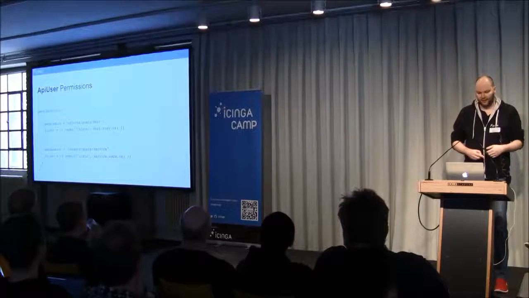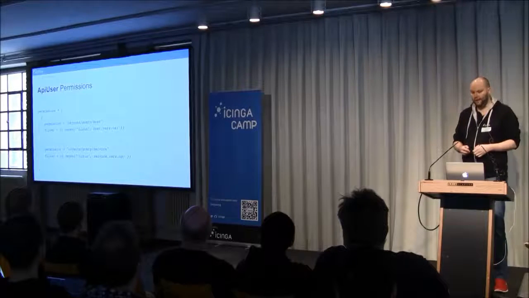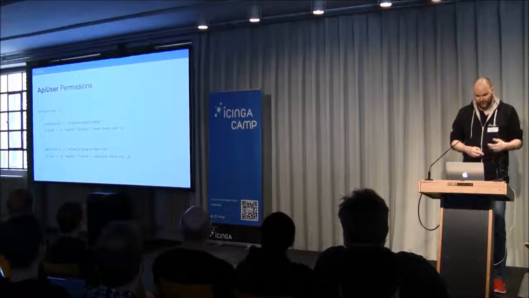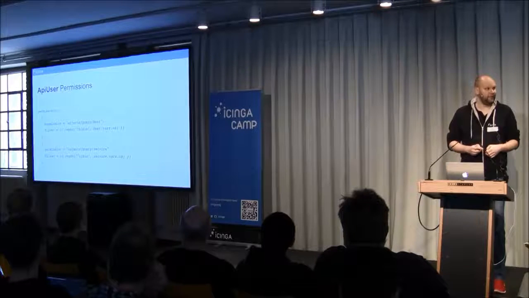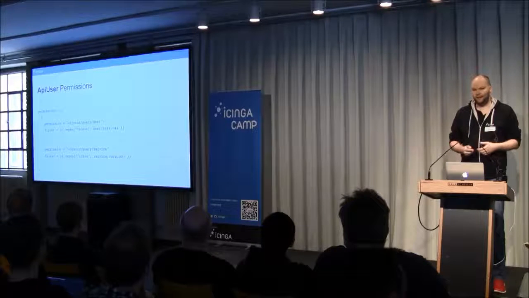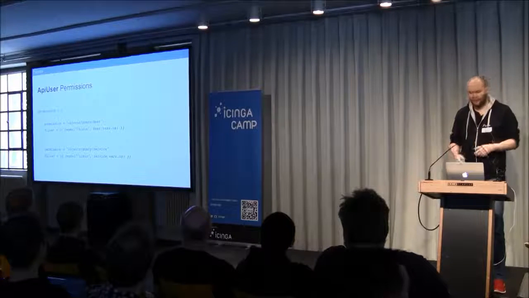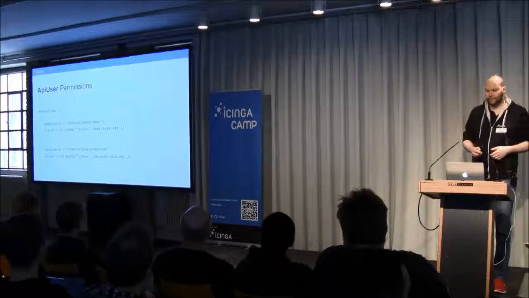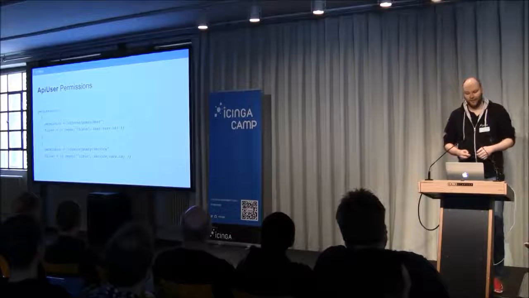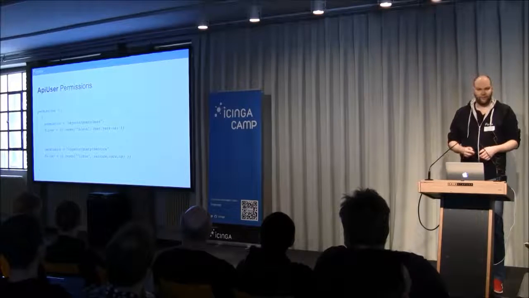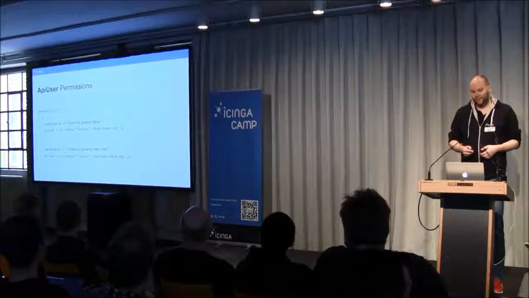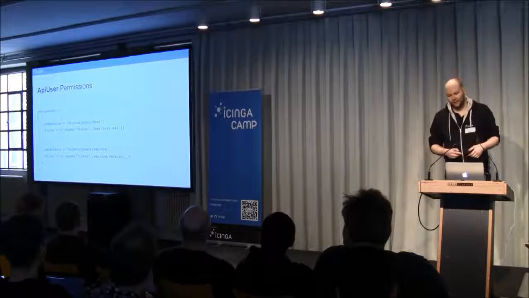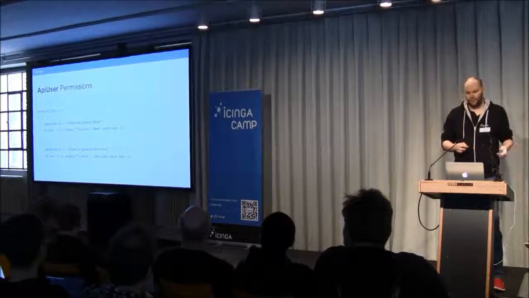For example, you can say, I only want the current API user to allow querying the object query for hosts and services, which means you can only get the current data, but you cannot modify it, write it, or delete something, which is perfectly fine for a web interface, for a client querying data. You can also go even further and use special filters, which use the same syntax as you know from the apply rules with assign where and ignore where.